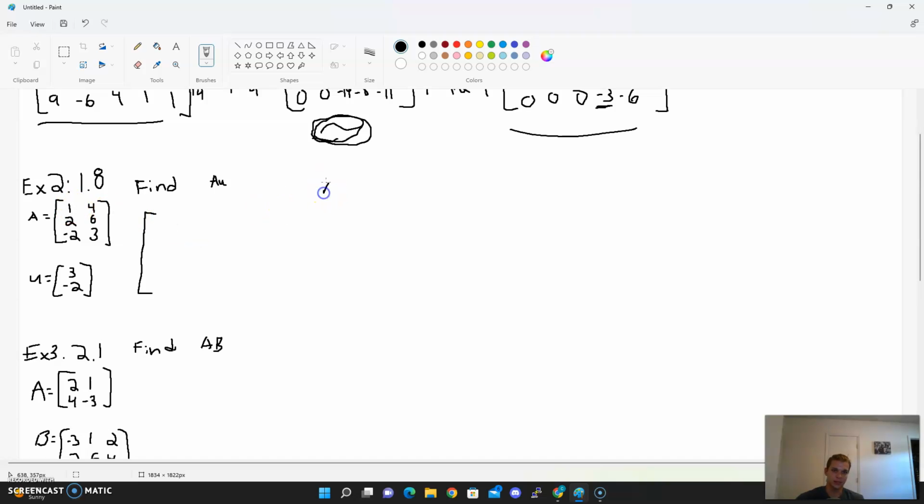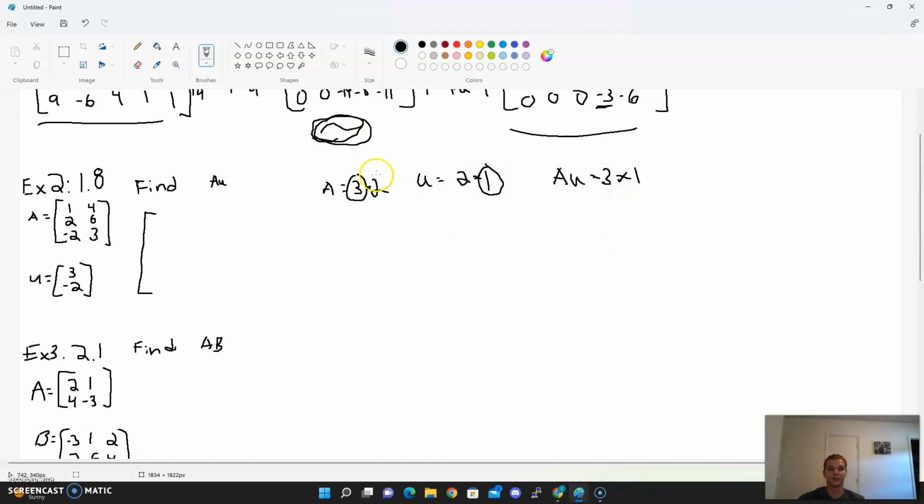Since A equals a 3x2 and U equals a 2x1, this and this number will be dragged into AU. So it'll be 3 by 1.